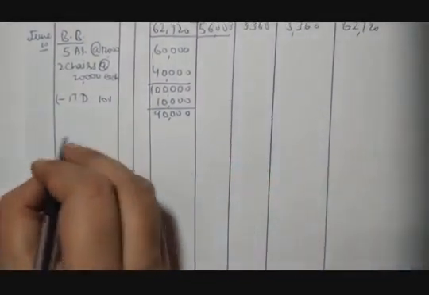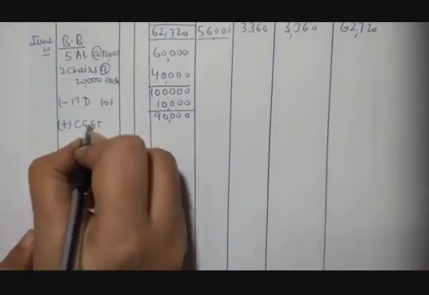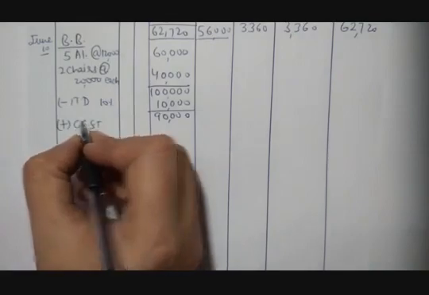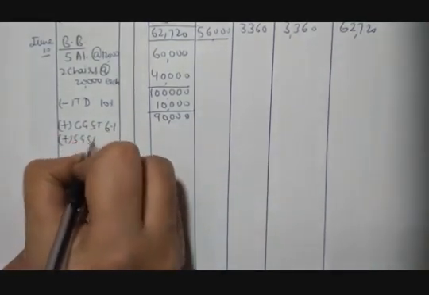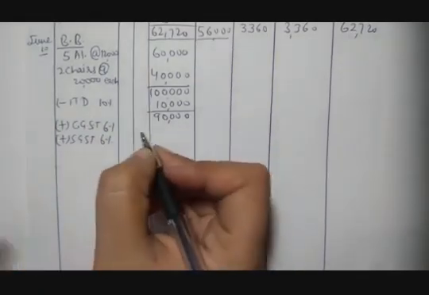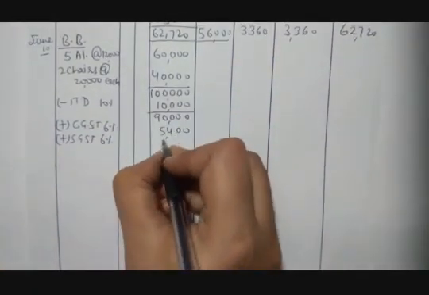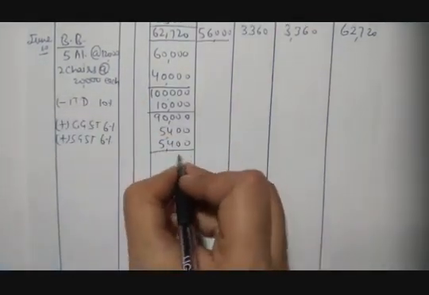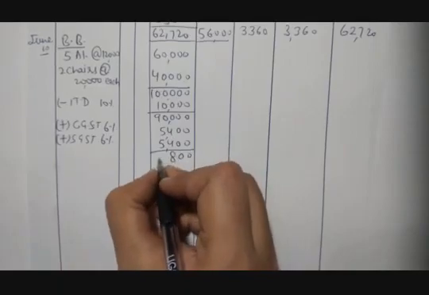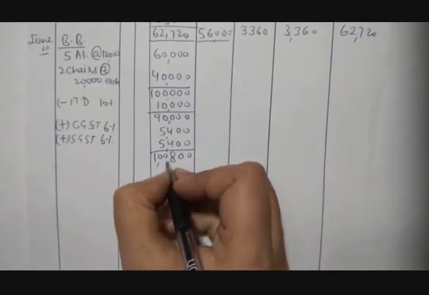What we will have to do now? Now we are going to add CGST and SGST here. CGST how much? 6%. And SGST also 6%. Fine. So CGST here is 5,400 and SGST also 5,400. Fine beta. Now total of this amount is 1,800,000 [sic].